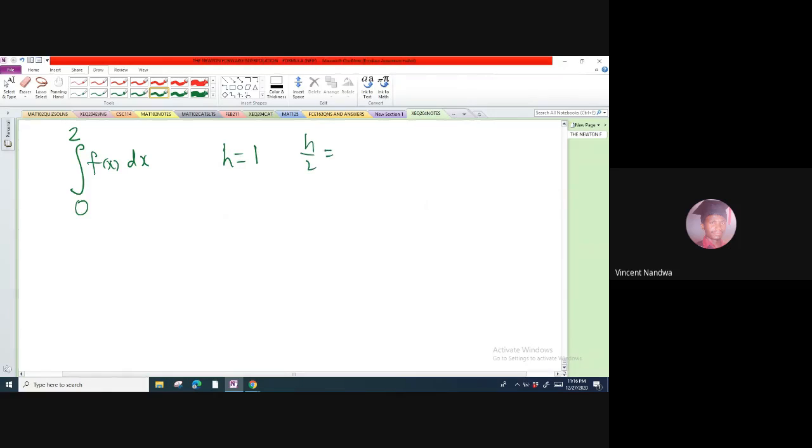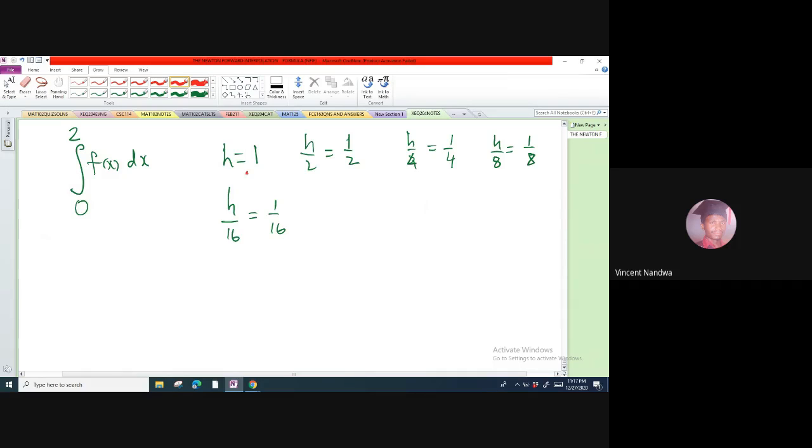Then h over 2 will be 1 over 2, h over 4 will be 1 over 4, h over 8 will be 1 over 8, and h over 16 will be 1 over 16.